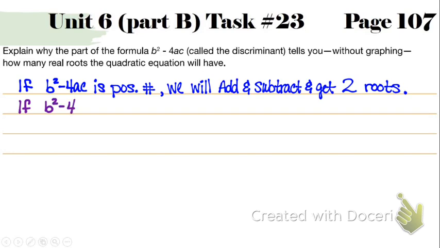If b squared minus 4ac is 0, do we move? No. We don't add or subtract anything.